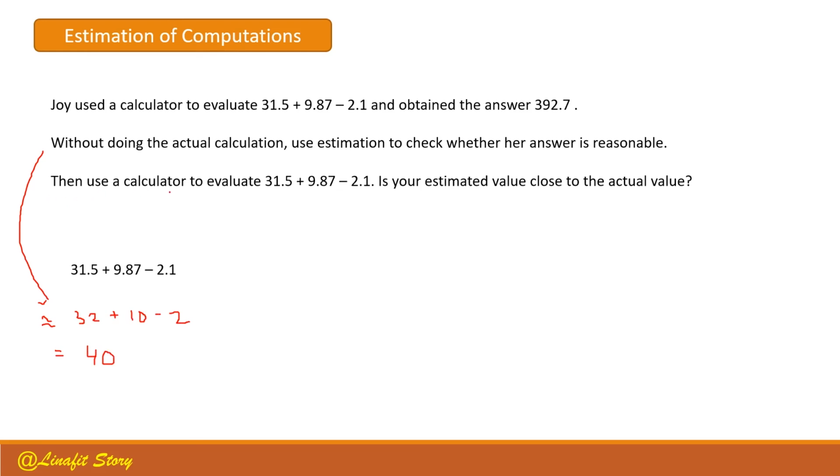Then, use the calculator to evaluate 31.5 plus 9.87 minus 2.1. The actual answer is 39.27. Now, is your estimated value close to the actual value? 40 is close to the actual value of 39.27.